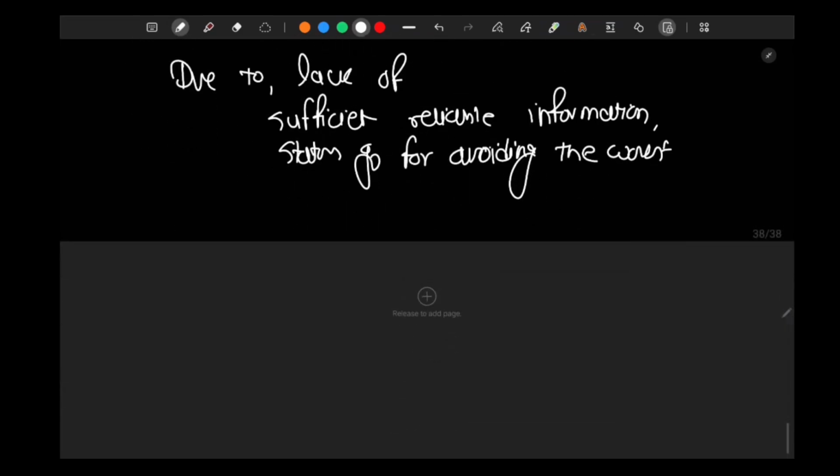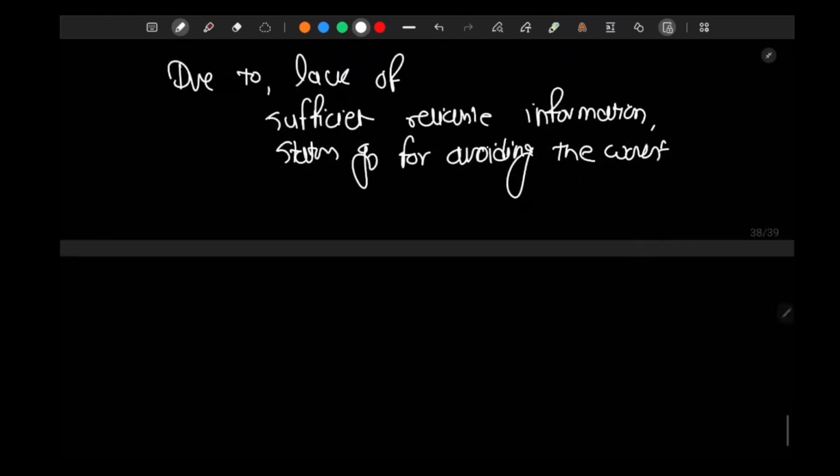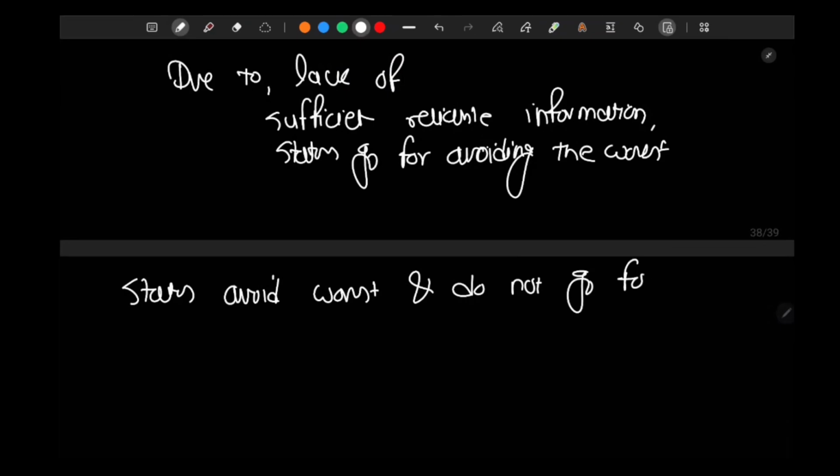States avoid the worst, and do not go for the best possible outcome. States just want to avoid the worst.